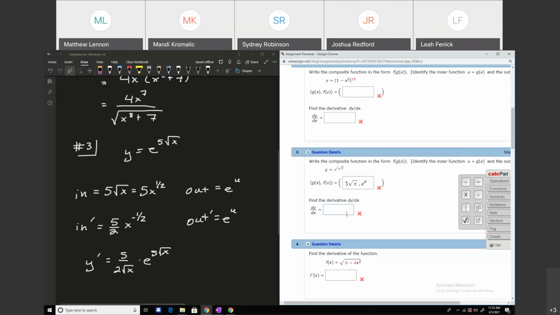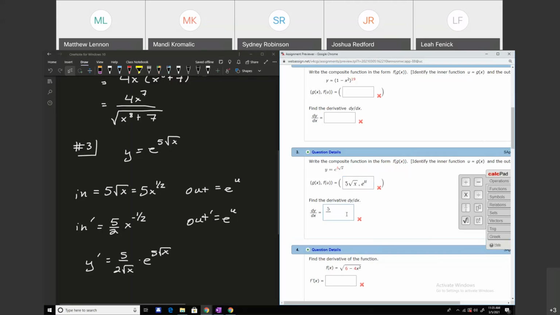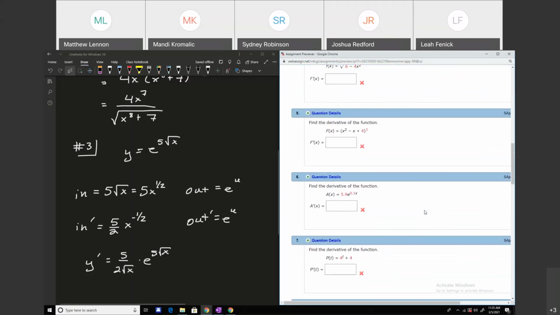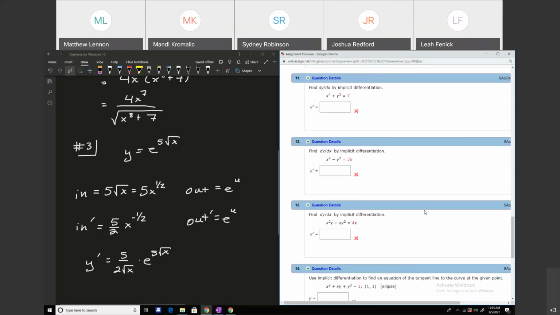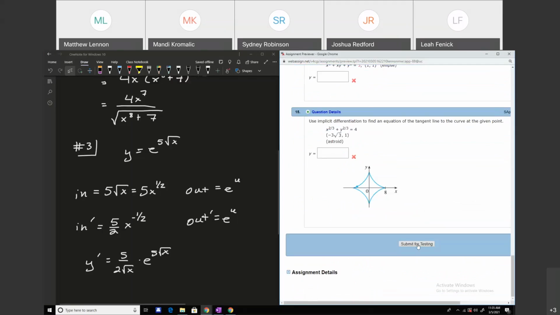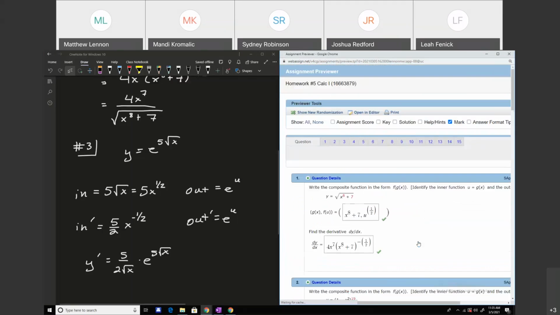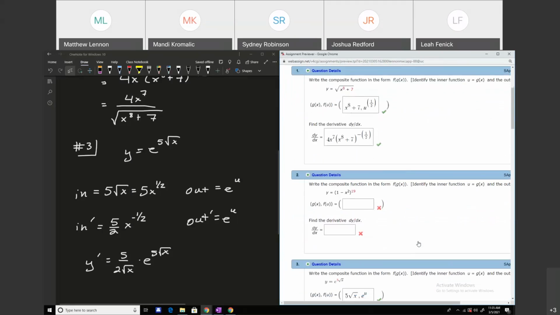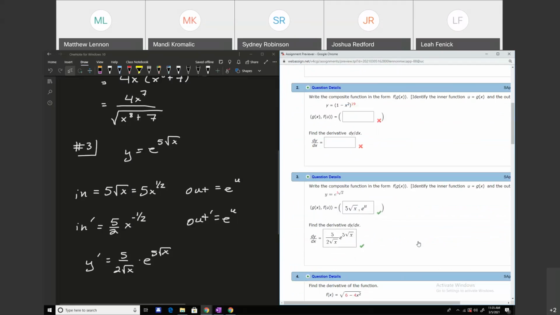Our derivative was 5 over 2 square root x times e to the 5 square root x. Should be it. So yeah, all set for number 3.